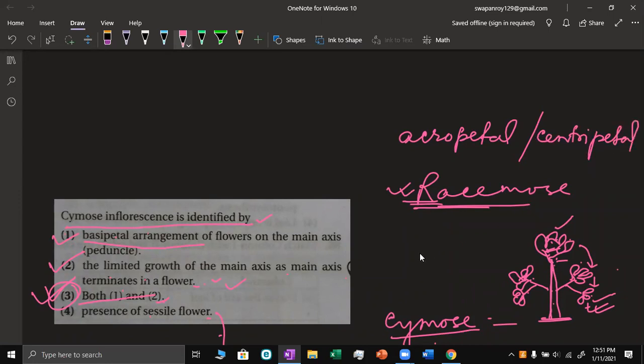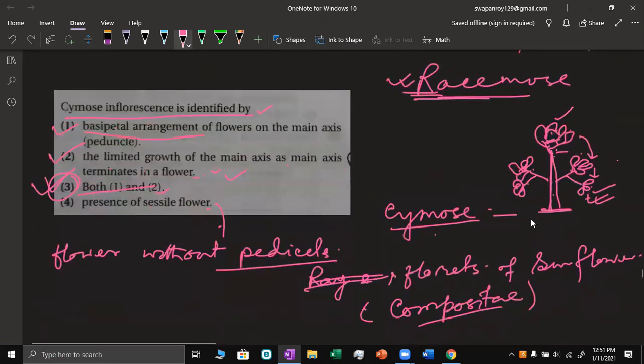And this one is basipetal, or centrifugal. Centrifugal means away from the center. So here the biggest one is at the center, and gradually it moves away from the center. So centrifugal.